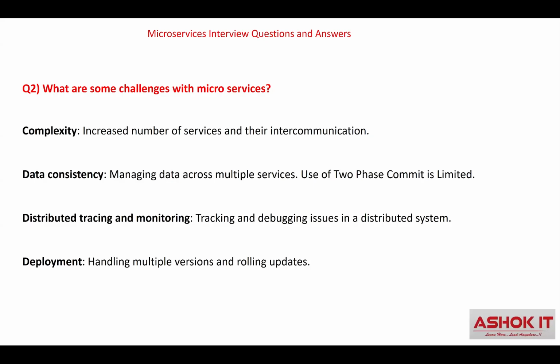The two-phase commit protocol helps us in that context in legacy architectures. But in microservices, we don't have that kind of flexibility. So data consistency is going to be a challenge.